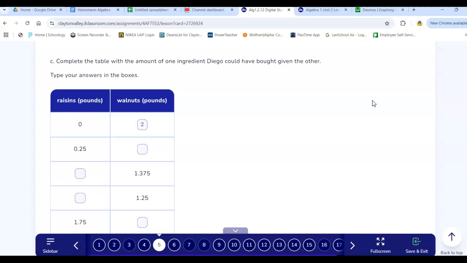Go back to Desmos, find the value that you know, either X or Y, go across to the graph, click on that point, and as long as you're close, you'll be fine. Okay, it doesn't have to be exact.